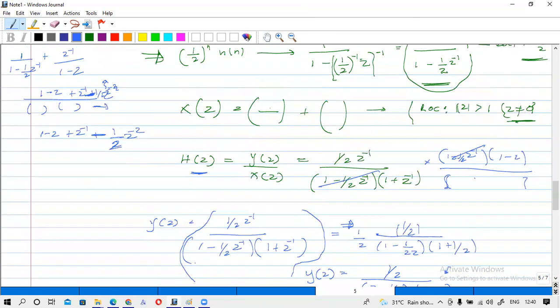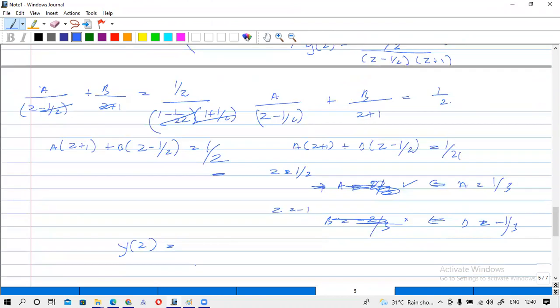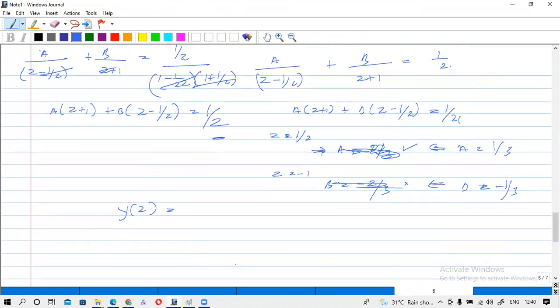So this will be A, that means 1 by 3, over z minus half, plus B, that means -1 by 3, over z plus 1. So you have to find the Z transform of this one and this one.